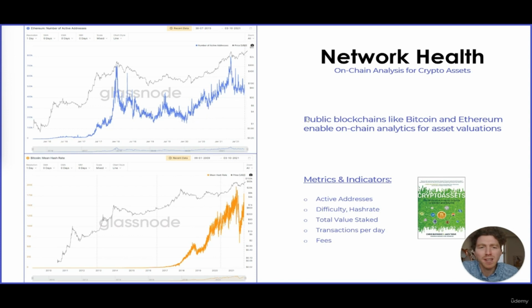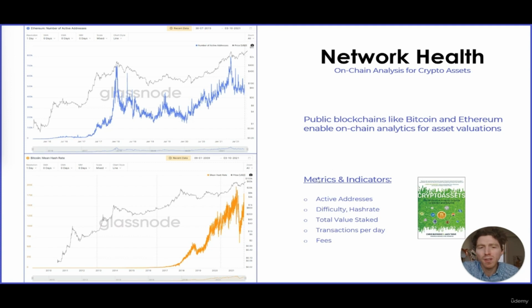Something to keep in mind is that this kind of analysis is only possible for public blockchains where everyone has access, and they are transparent in the way they display transactions, hash rates, and other indicators.